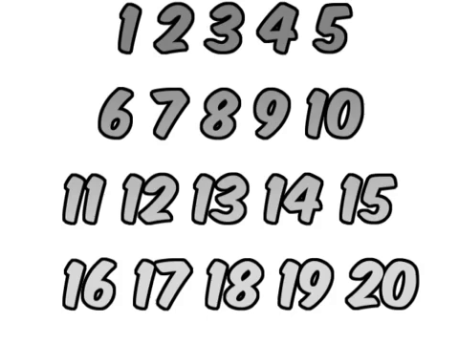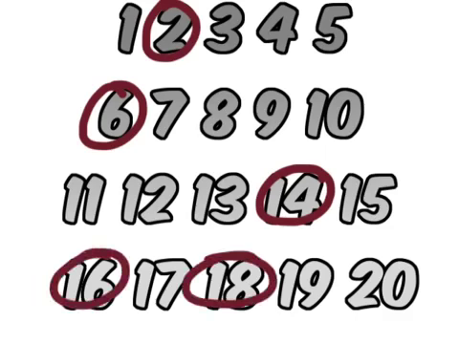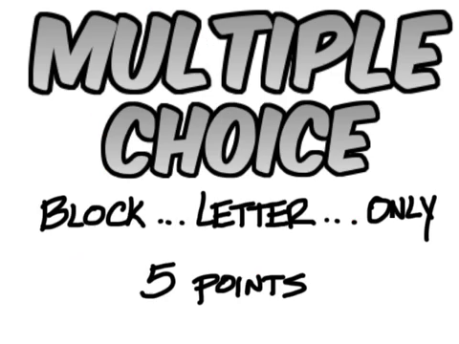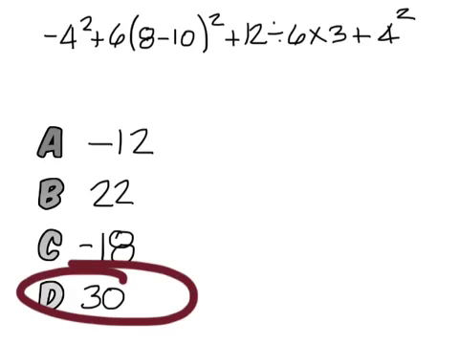The winning numbers are 2, 6, 14, 16, and 18. Block letter only. The answer should be D, 30.